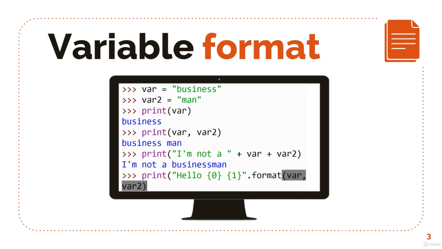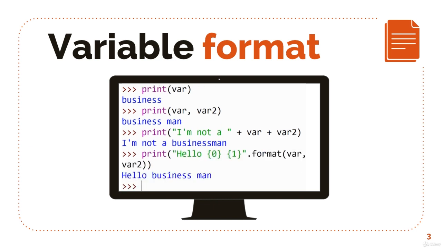Now note, the order I give to the variables will be the same order that I've given to the numbering. And if I want to change the ordering around, I can either change the order of the numbers or the order of the variables in the format. Now, the issue with this method is that it can become really long if you have lots of variables.